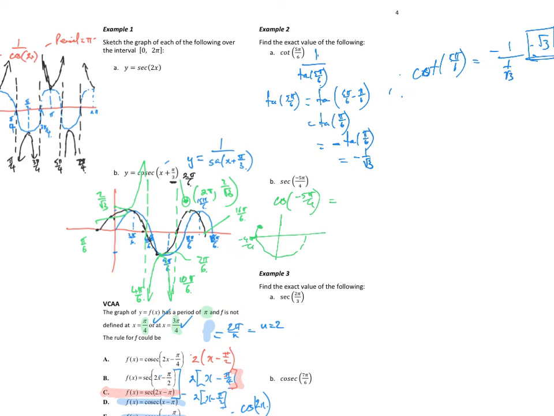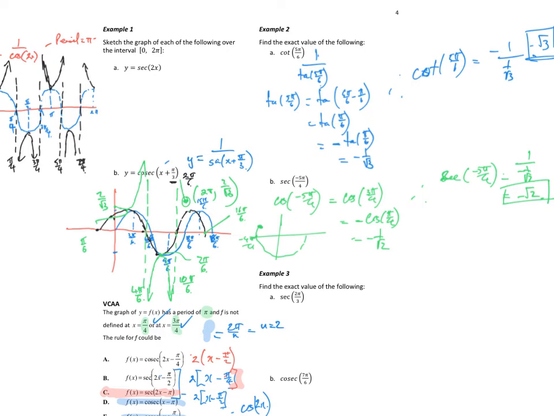So that's really equal to cos of 3 pi on 4, which is equal to negative cos pi on 4, which is negative 1 on root 2. Therefore, sec of negative 5 pi on 4 is 1 over negative 1 on root 2, which equals negative root 2.